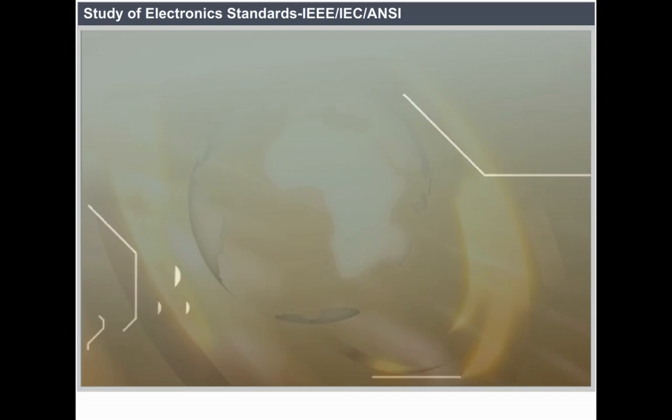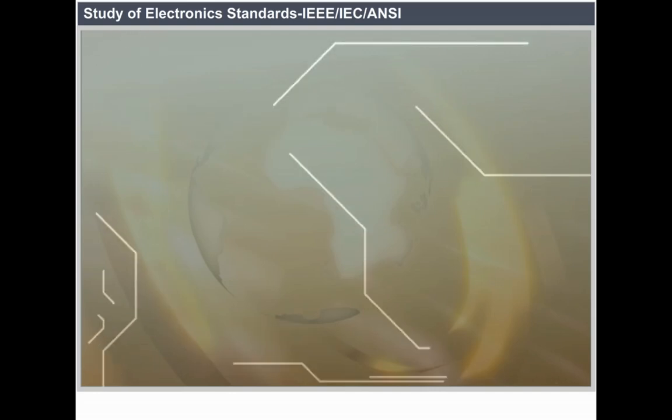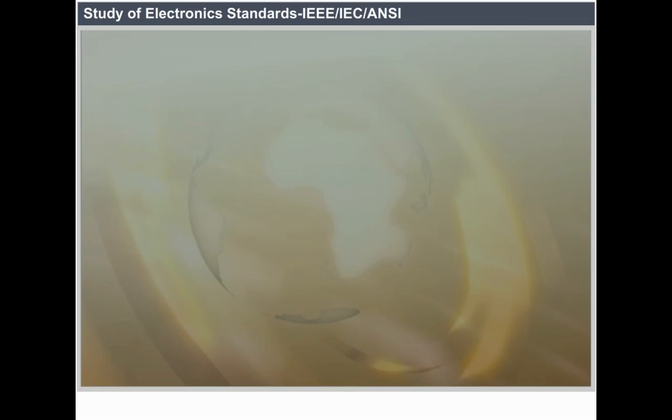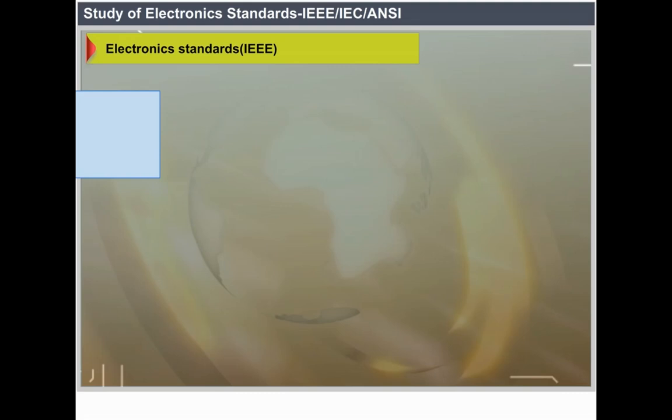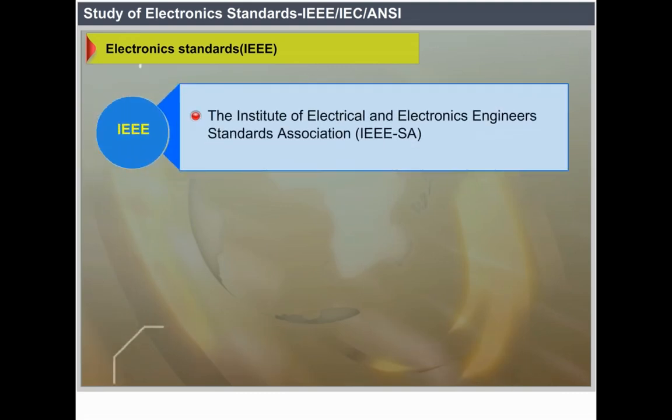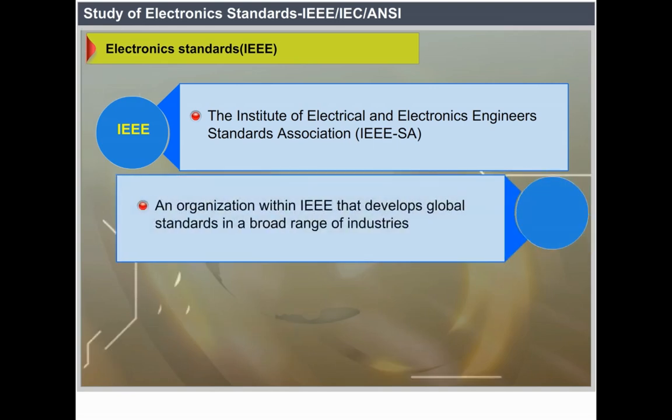Study of electronic standards: IEEE, IEC, ANSI. Electronic standards, IEEE. The Institute of Electrical and Electronics Engineers Standards Association, IEEE-SA, is an organization within IEEE that develops global standards in a broad range of industries.